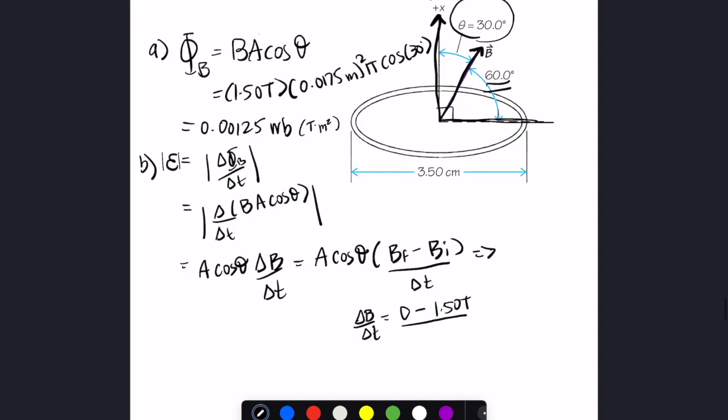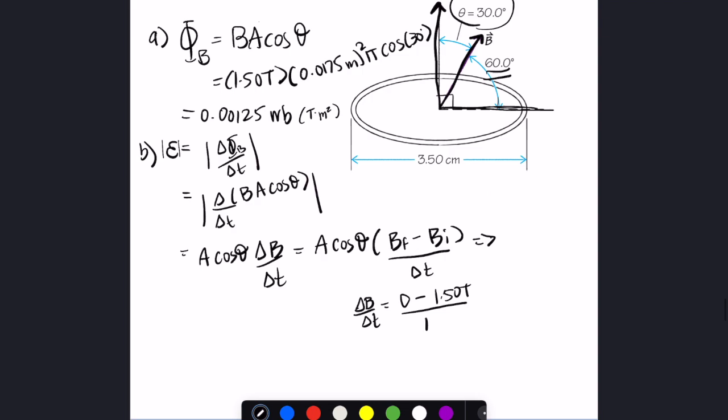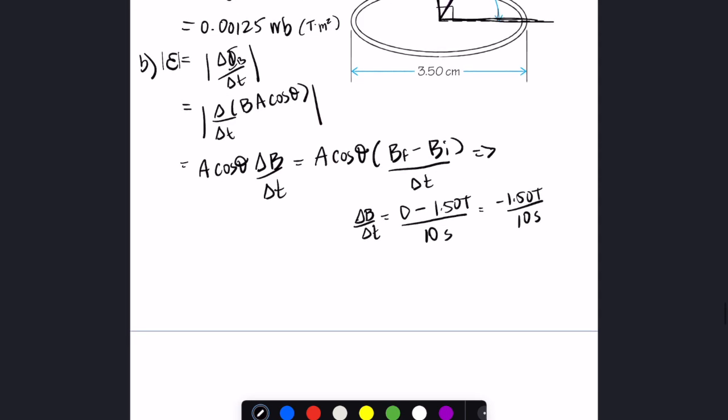So 10 seconds, right, for part B. That's the time that was taken to go from 1.5 Tesla to 0. Okay. So that's going to give us negative 1.5 Tesla over 10. Let's plug that back into our EMF equation right here.